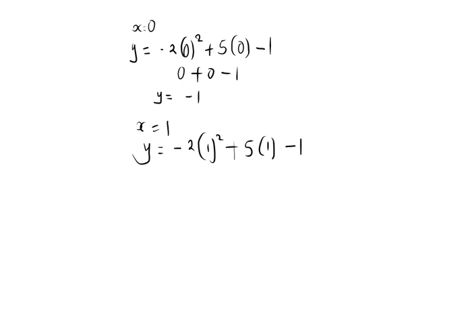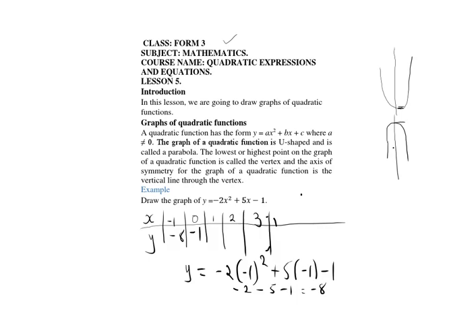So 1 squared is 1, multiplied by -2 gives us -2, then plus 5, and then minus 1. This is 3 minus 1, and our y will be equal to 2. So we go to the table of values and we have y equal to 2.